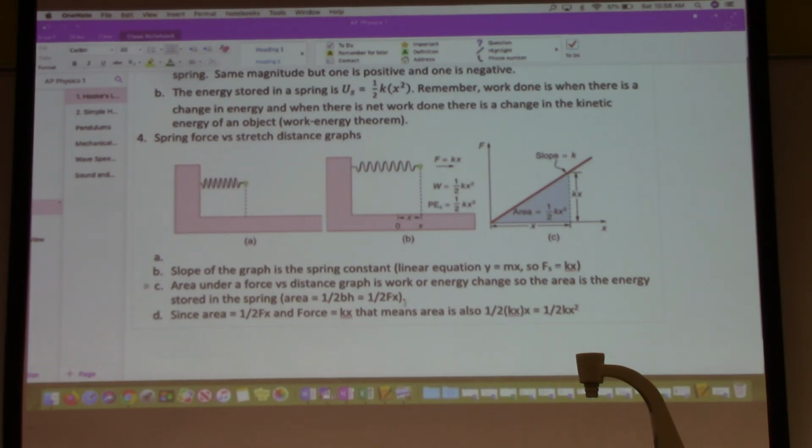If we sub in 1/2 F times x for base times height, and we sub in our force equation of kx, we get 1/2 kx times x, which is 1/2 kx squared. So that's where the 1/2 kx squared equation comes from.